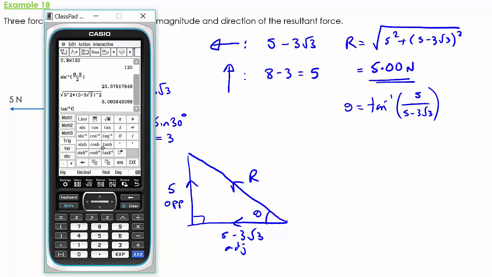So inverse tan 5 over 5 minus 3 root 3. That is 87.8 degrees.